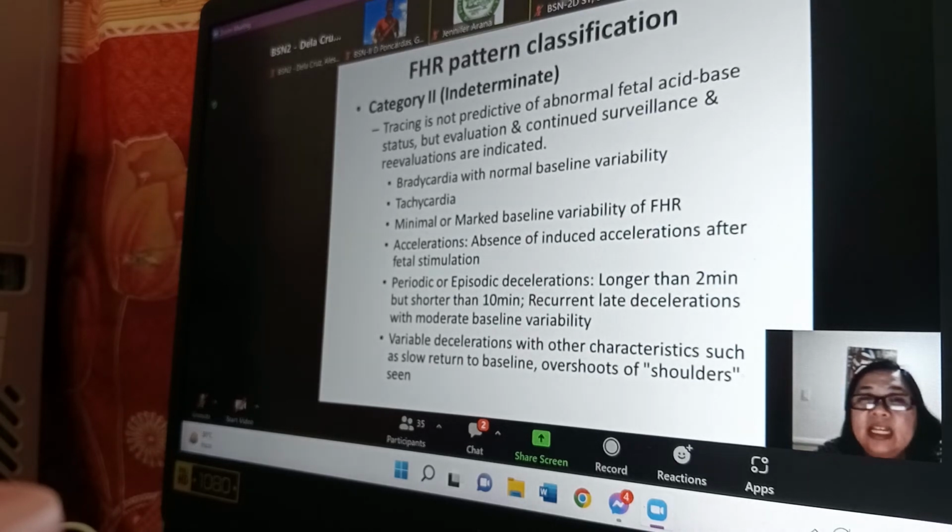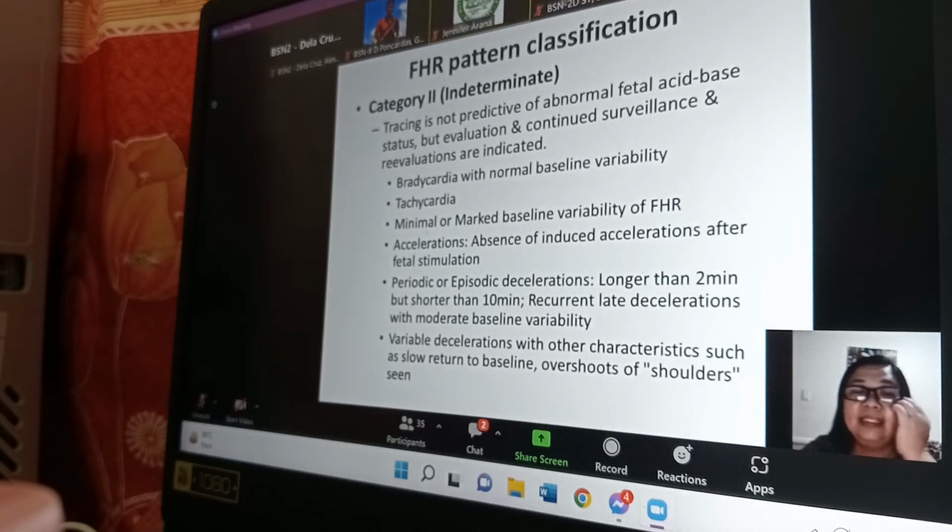Category 2 is indeterminate. The tracing is not predictive of abnormal fetal acid-base status, but evaluation and continued surveillance and re-evaluations are indicated. Okay? So, walay signs of fetal acid-base imbalance or abnormal fetal acid base, but kinahanglan i-monitor.